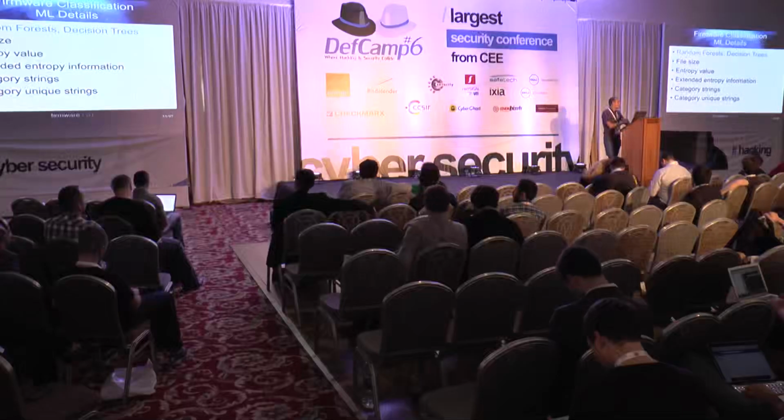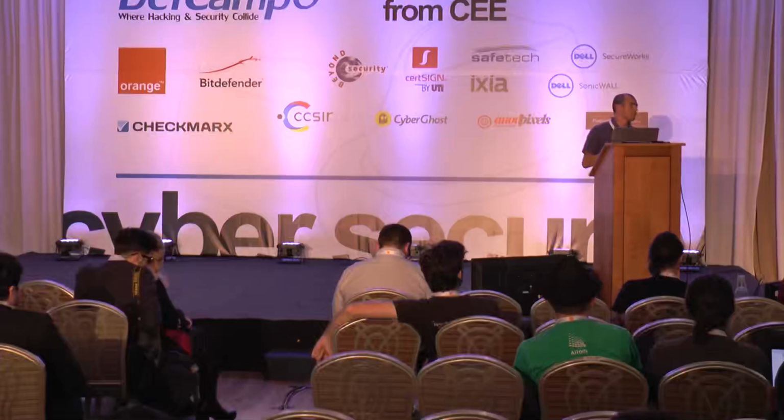The entropy value is interesting. Basically, it is the amount of useful information per byte, expressed as bits per byte. The idea is that if it's a compressed or encrypted file system, you have a high density of information per byte, so you have 7 bits per byte of useful information.